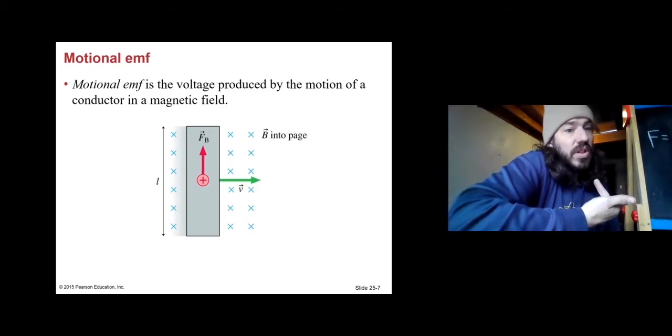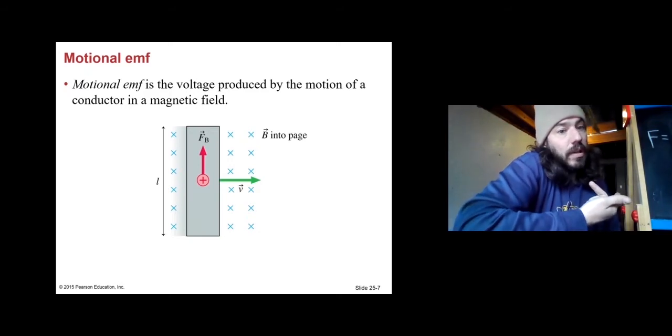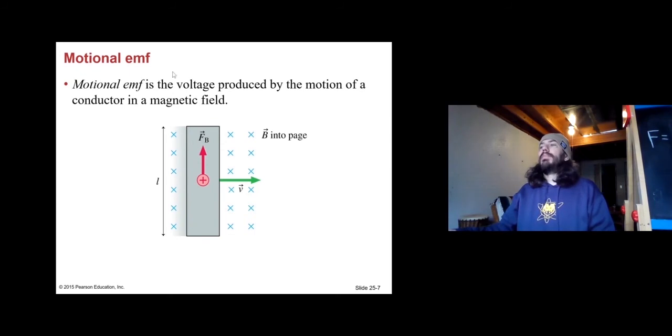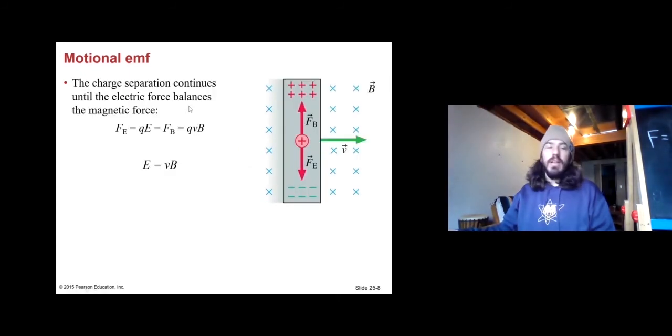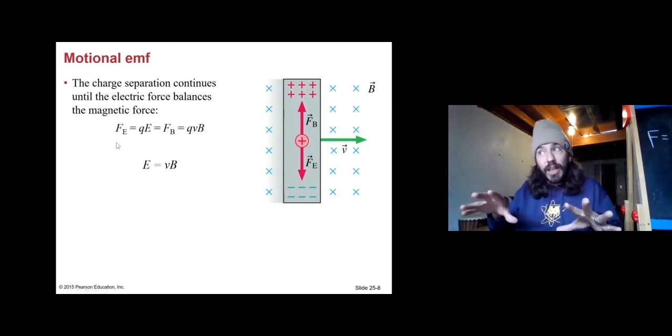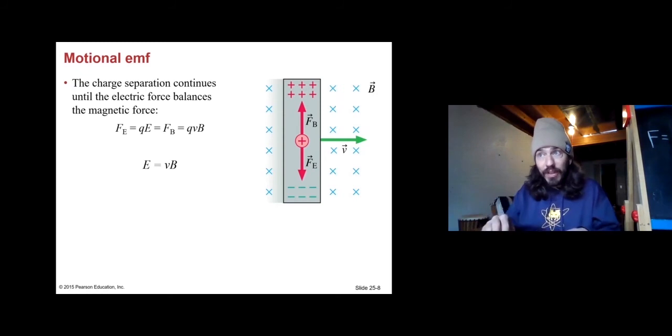That gives us a force to the top of the page. Indeed, this lovely picture confirms what I just figured out with my right-hand rule. Looking at this, we've got a moving conductor in a magnetic field, which causes a separation of charges.